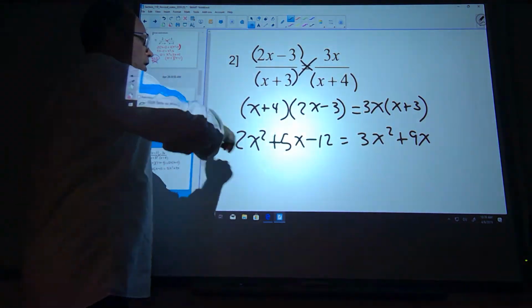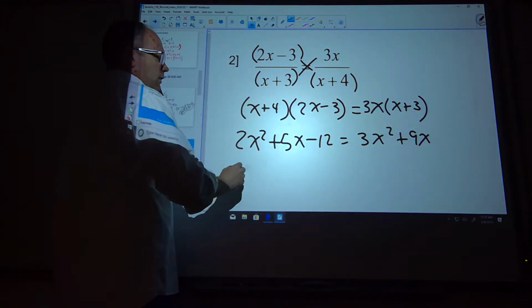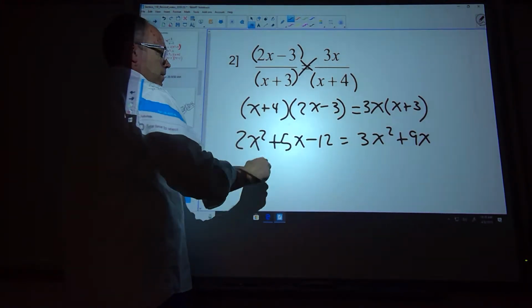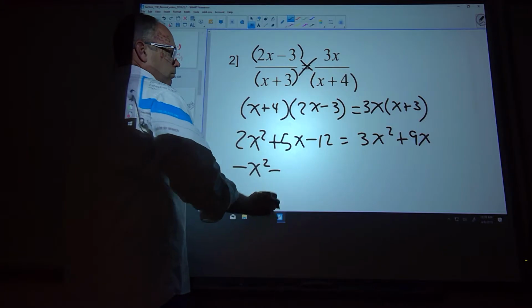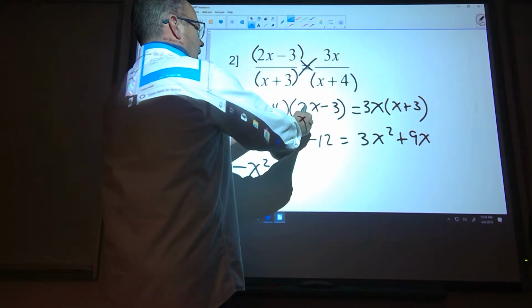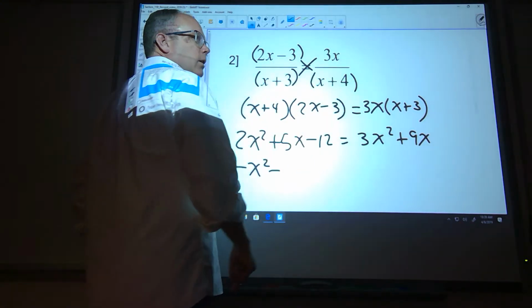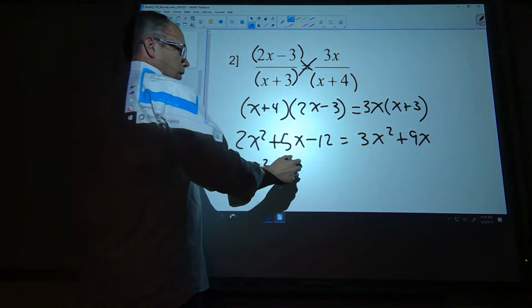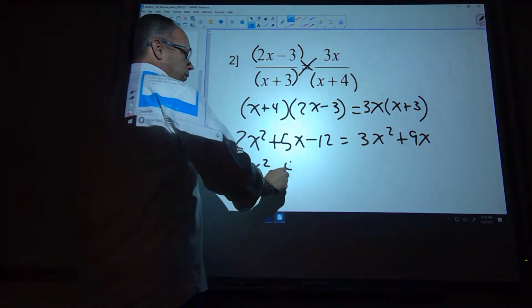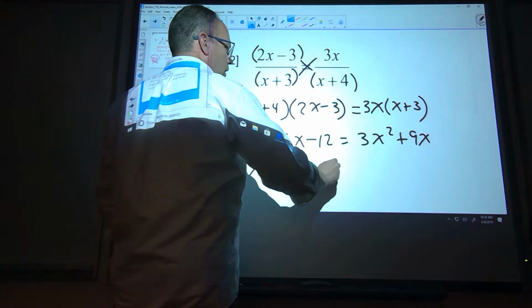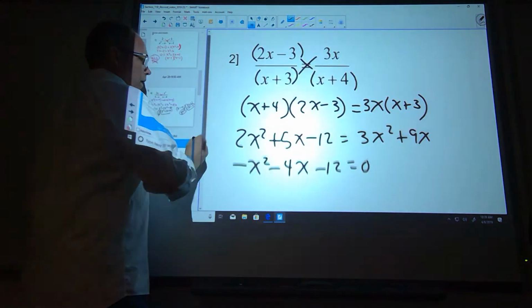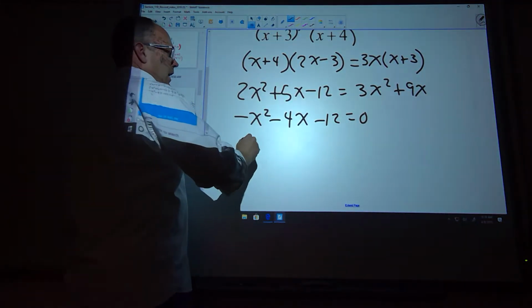I'll move everything over here, so I get negative x squared, 8x minus 3x, move that 9x over, so minus 4x, minus 12 equals 0.